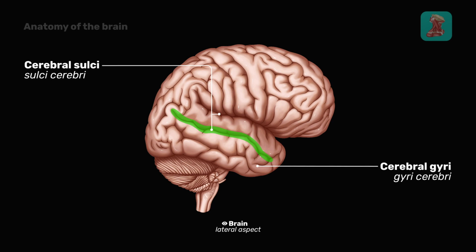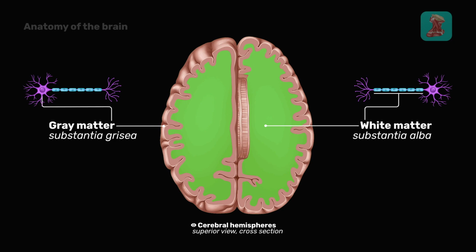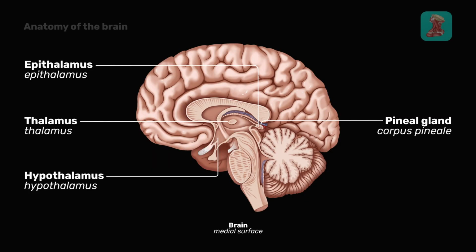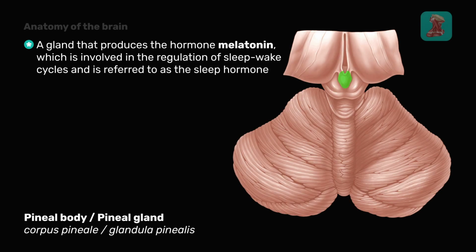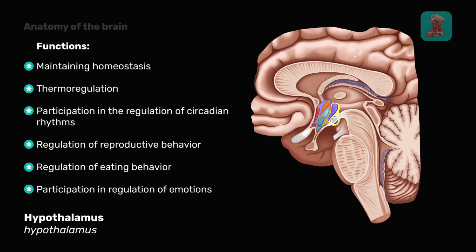The cerebral hemispheres are separated into several lobes by major sulci: the frontal, temporal, parietal, occipital, and insular lobes. They are composed of gray and white matter. The diencephalon is formed by three divisions: the epithalamus, the thalamus, and the hypothalamus. Each of the major divisions of the brain performs a wide variety of functions, which together provide the coordinated operation of the nervous system.